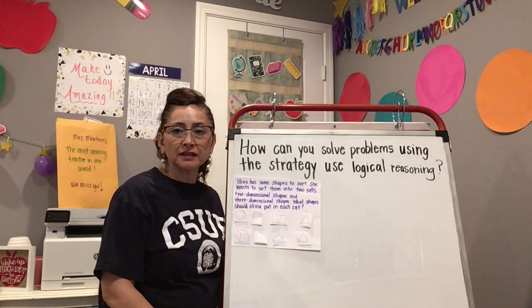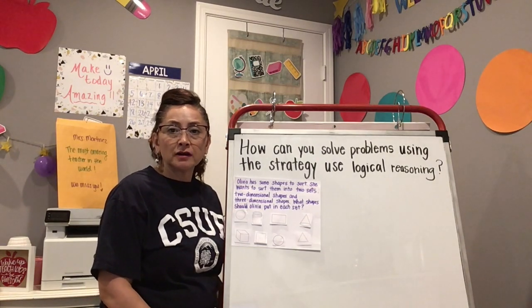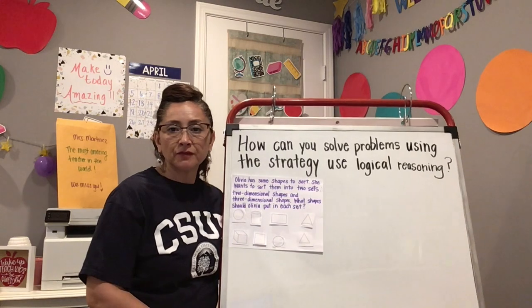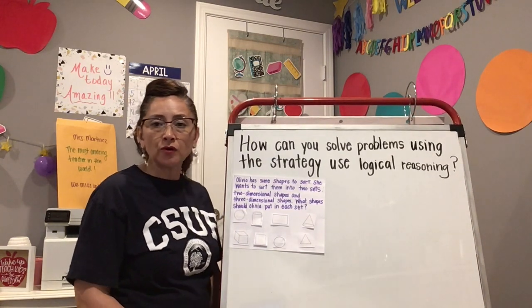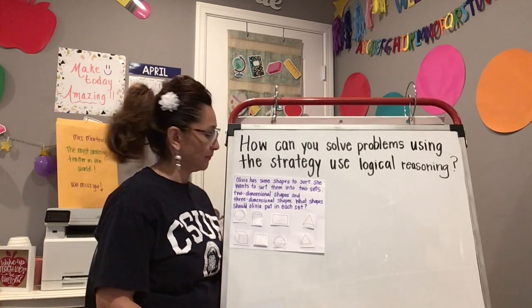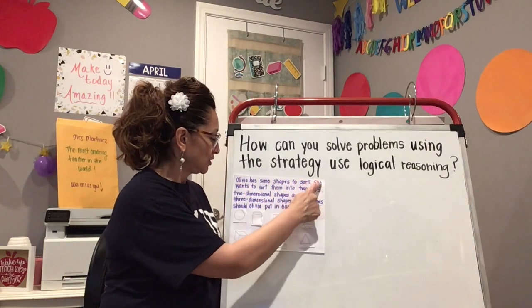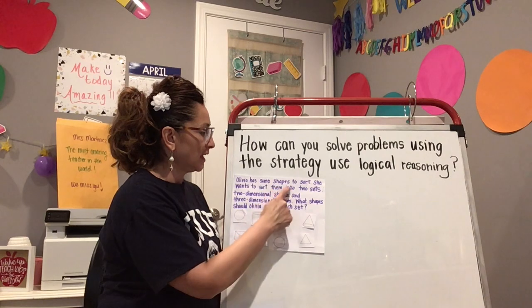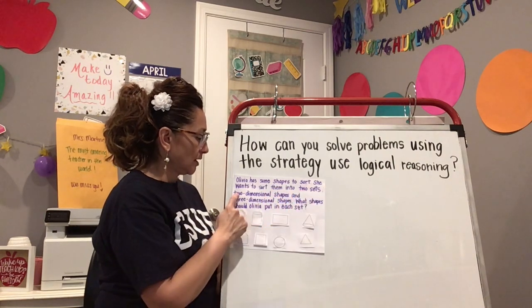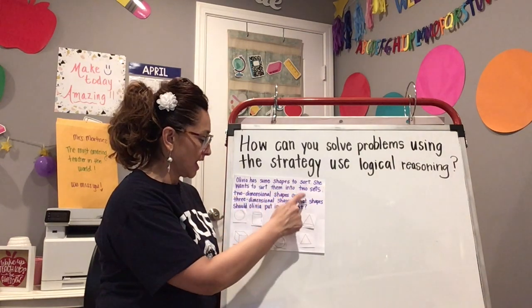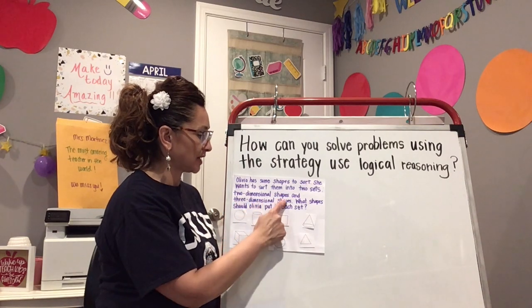Let's take a look at our word problem for today. I will read and you can follow with me. Olivia has some shapes to sort. She wants to sort them into two sets, two-dimensional shapes and three-dimensional shapes.